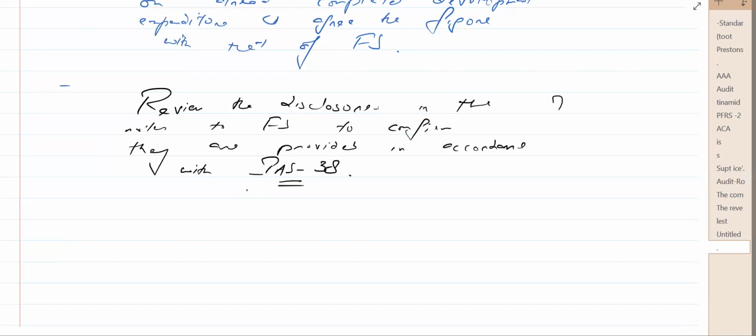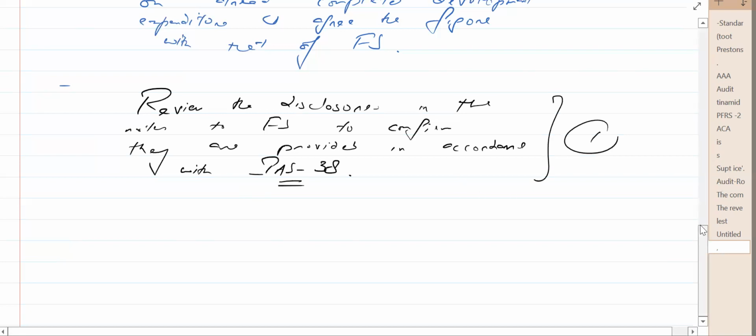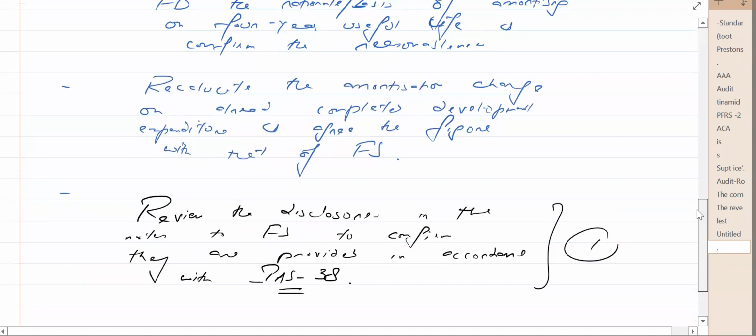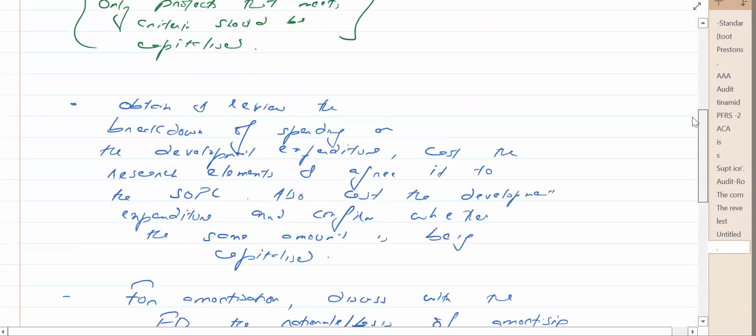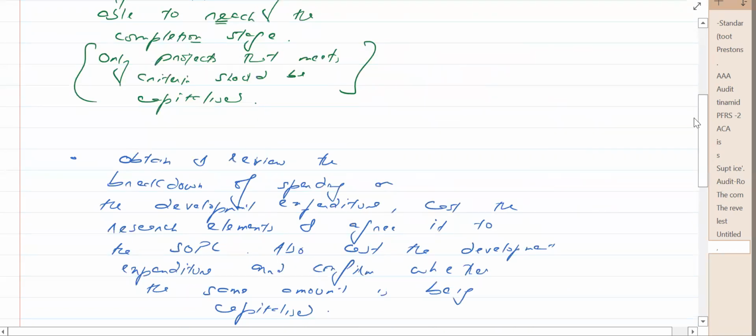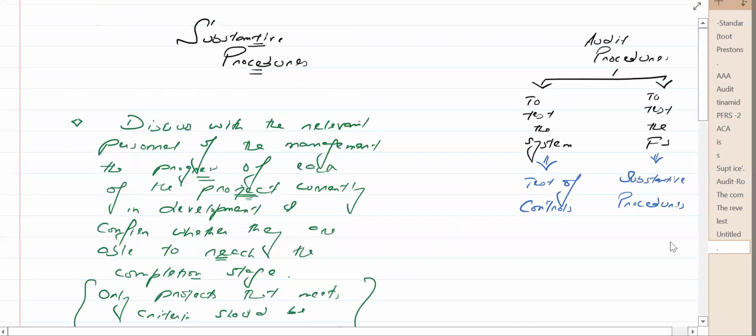So this one is the free one. You can write it almost everywhere. Even in the case of the revaluation, even in the case of the impairment. So you can write this procedure, even in the case of provisions, you can write it anywhere. So yes, these are the free marks.